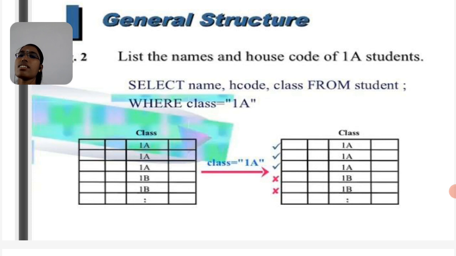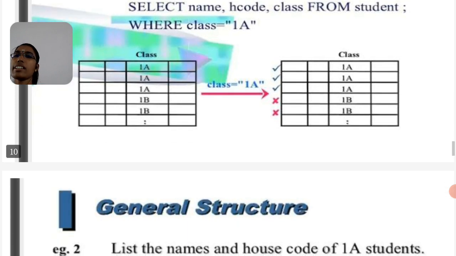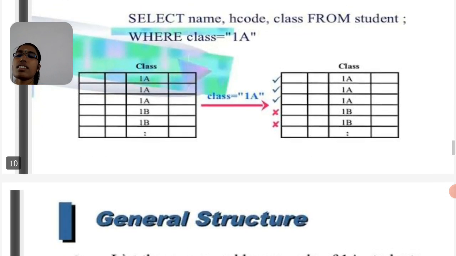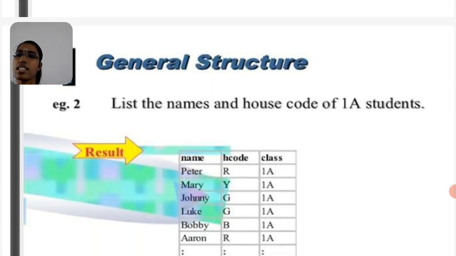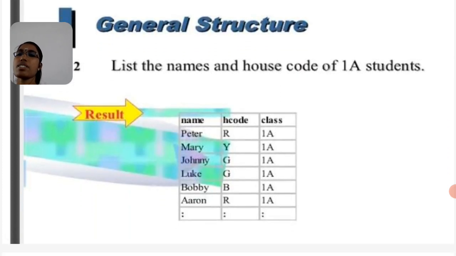Everyone see that slide, it is displayed for the query. Next, list the names and house code of 1A students. These are the final output for 1A students.